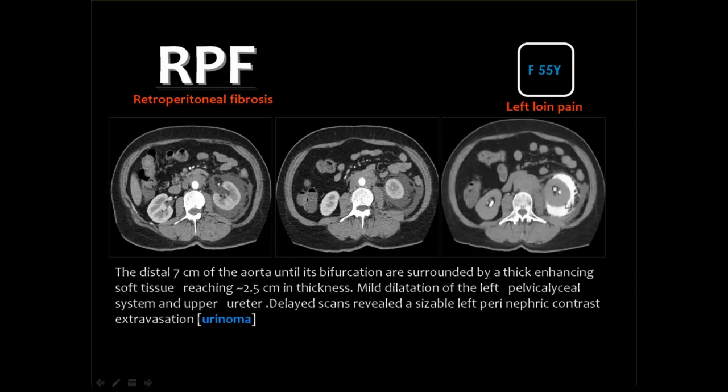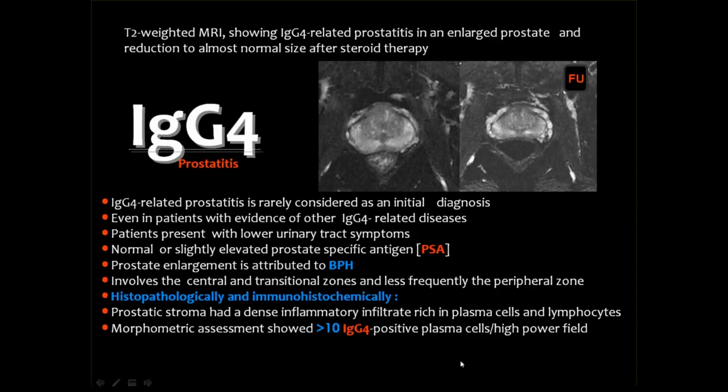And in the delayed film, you can see that the contrast material is now in the perinephric fluid, diagnostic of urinoma, and this may be the result of a compression of the ureter and back pressure changes on the collecting system.